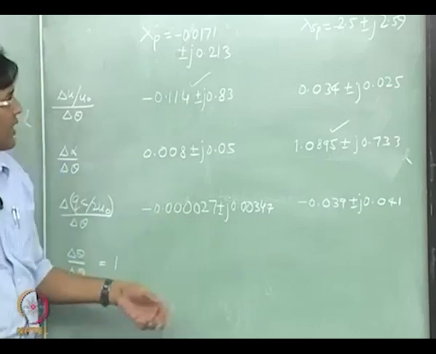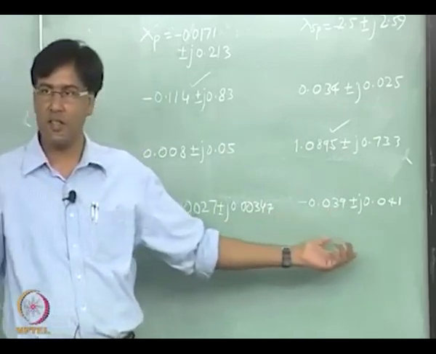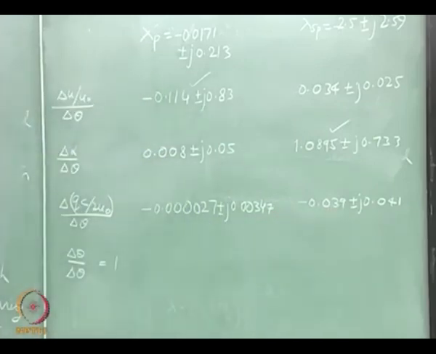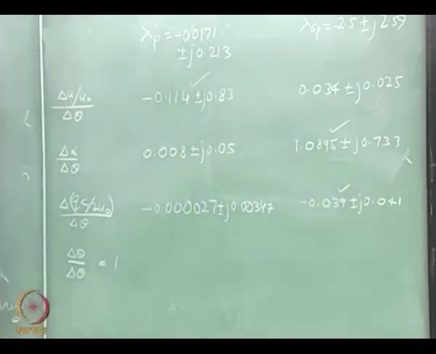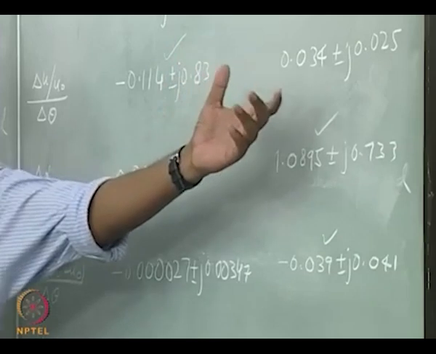In short period as compared to phugoid it has a larger magnitude. So, using delta alpha and delta q for short period was a good approximation, and dropping delta u.